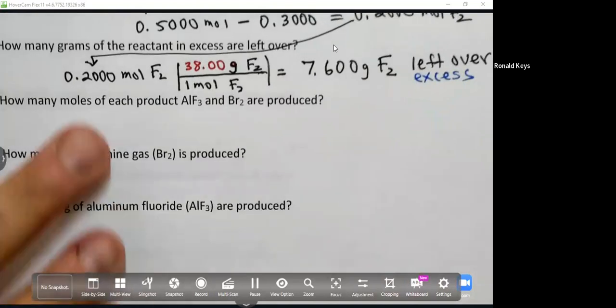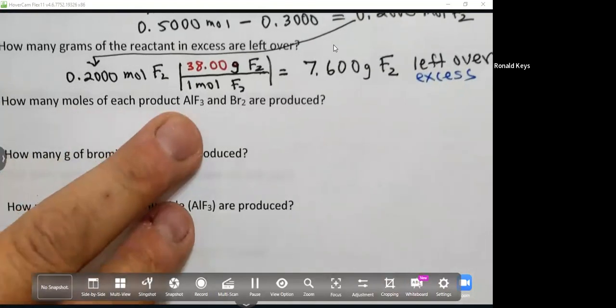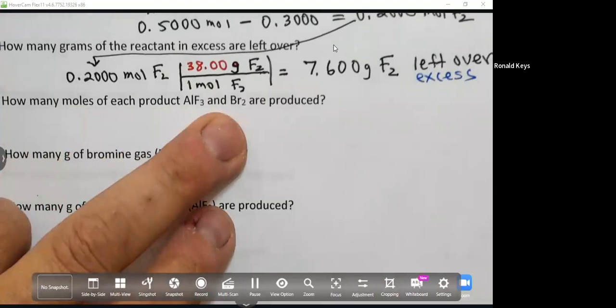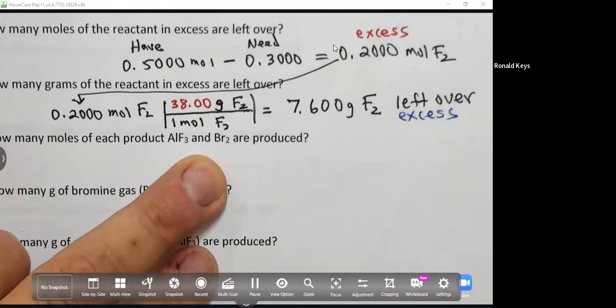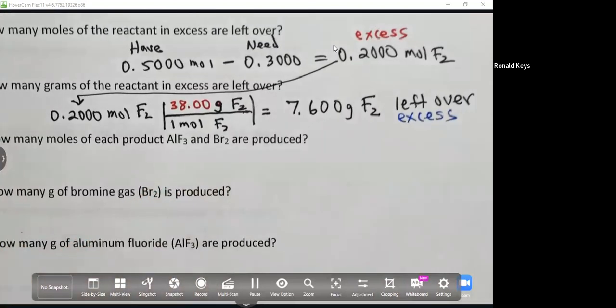So the next question, how many moles of each product, aluminum fluoride and bromine, are produced? So we're going to do the same thing. We're going up above to the reaction. This is the moles of both products.